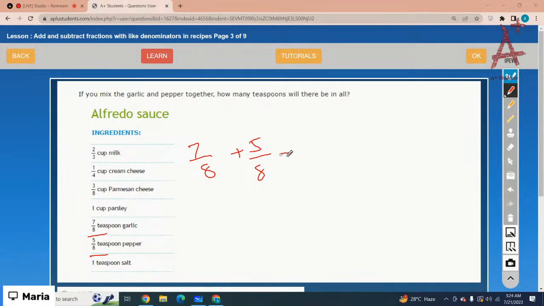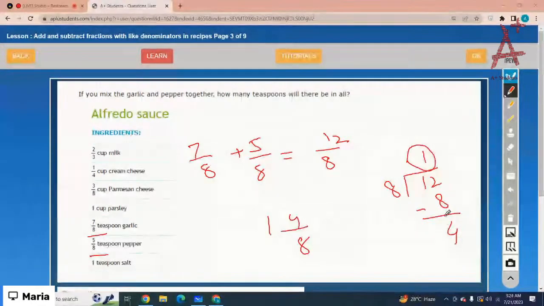So 7 plus 5 makes 12. You can see the numerator is greater than the denominator, so you can divide and write the answer in mixed fraction form. 8 times 1 is 8, so 12 take away 8 is 4. So the answer is 1 whole 4 over 8. This one is the whole number, this one is the numerator, and the denominator is the same.